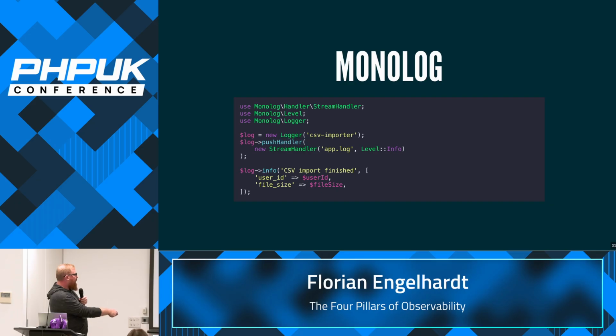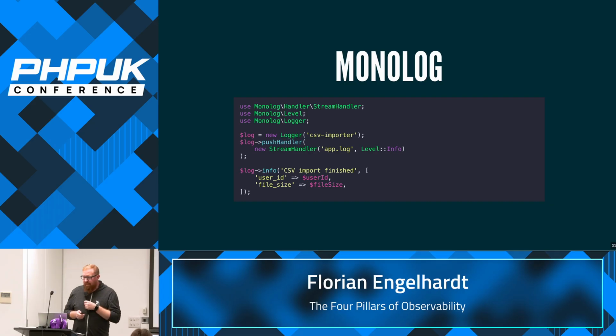Then you can just call, for example, the info function to log a message with the info severity, and give it a name and some structured data in an array. In this case, to boil it down, we have a CSV import finished log message, and we log the user ID and the file size that we imported.